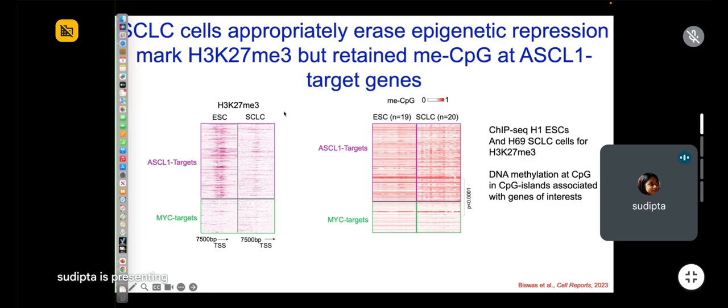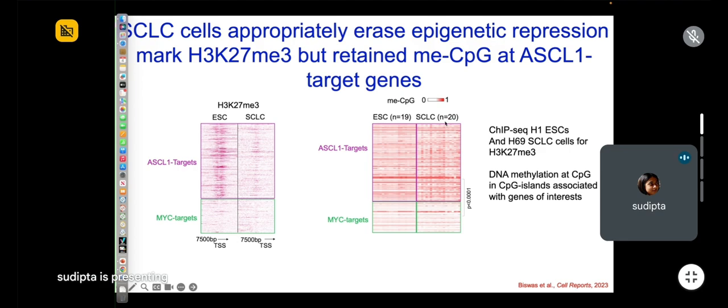But in small cell lung cancer, you can see in both cases, MYC is the same as in the embryonic stem cell, but at ASCL1 targeted genes that methylation is gone, which tells us that these are destined to neuroendocrine lineage cells.